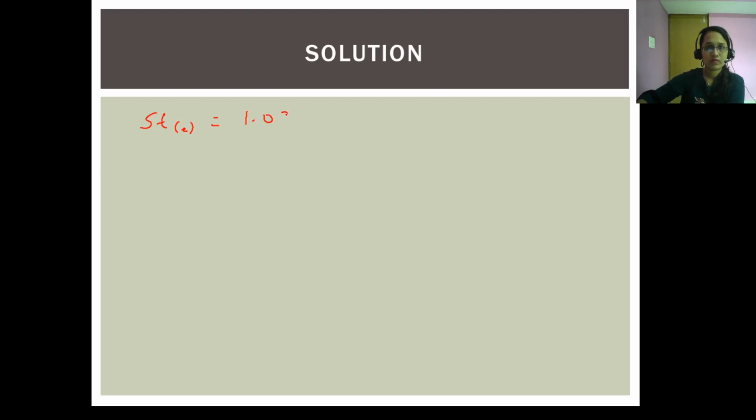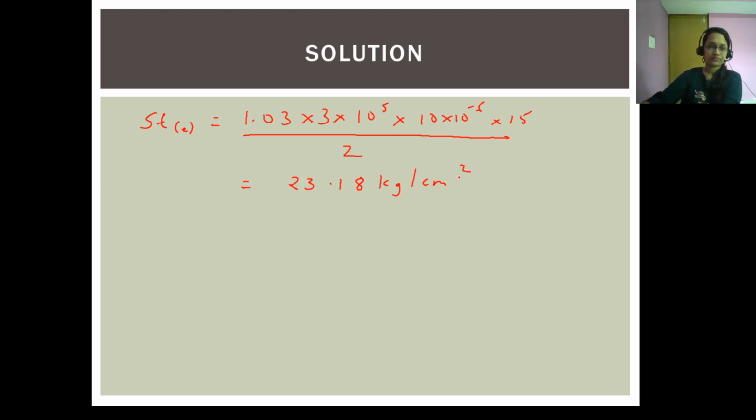We have 1.03 into E, we know it as 3 into 10 raised to 5, into e is 10 into 10 raised to minus 6, into small t is 15, upon 2. So this value will work out to be 23.18 kg per centimeter square. Okay, so next is warping stress at the corner regions.